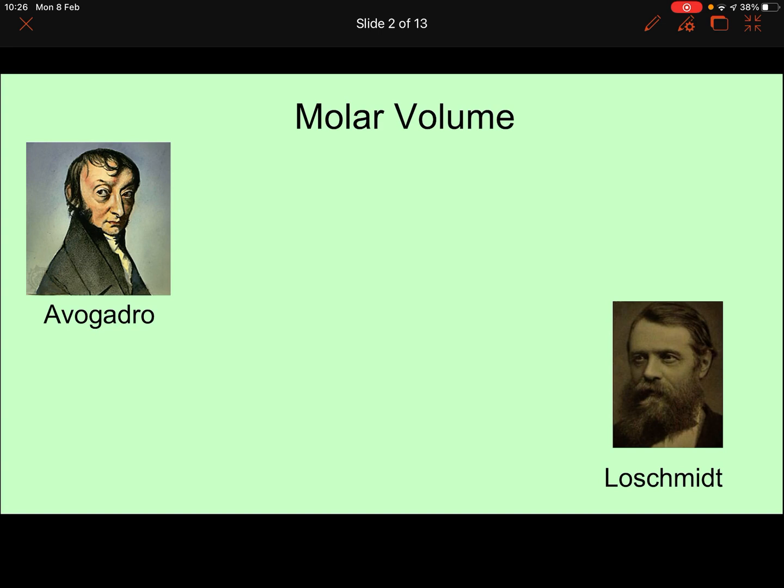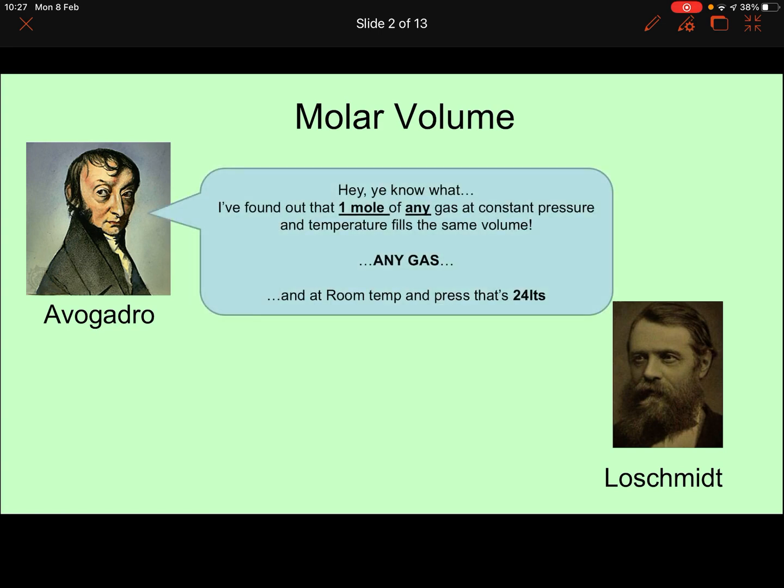So basically I had two guys, Avogadro and Loschmidt. And it was Avogadro that said, basically, a mole of any gas at constant pressure and temperature fills the same volume, right? So the same number of moles of any gas gives you the same volume, and at room temperature that volume just happens to be 24 litres, right?